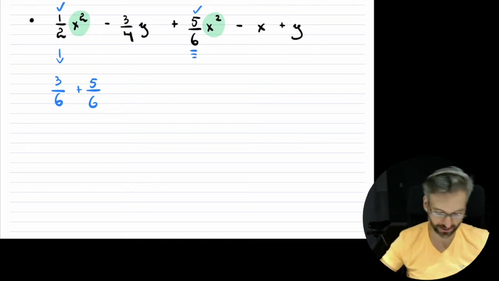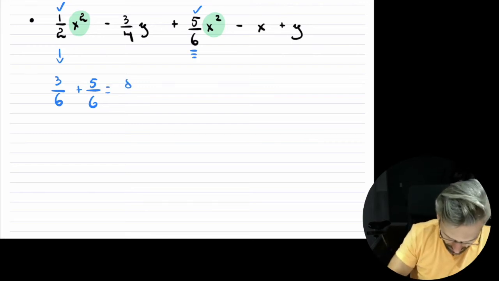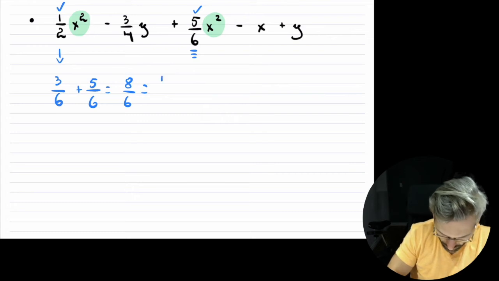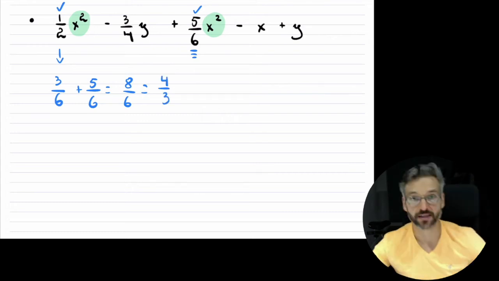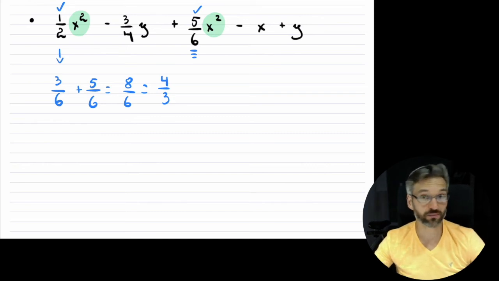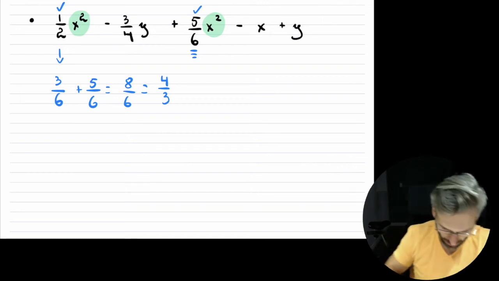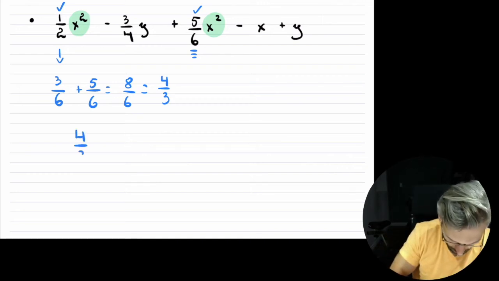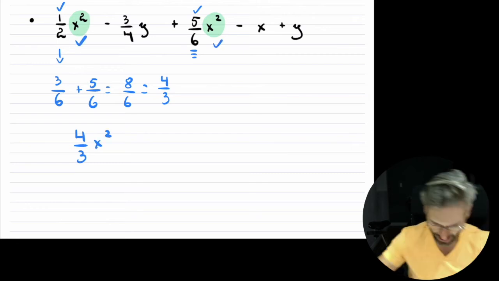So when you add them together, this becomes 8/6, or in reduced form, 4/3. It's an improper fraction, and in this case, you don't really change it back to a mixed number because we do have terms with some unknowns. So this is going to be 4/3 x squared.